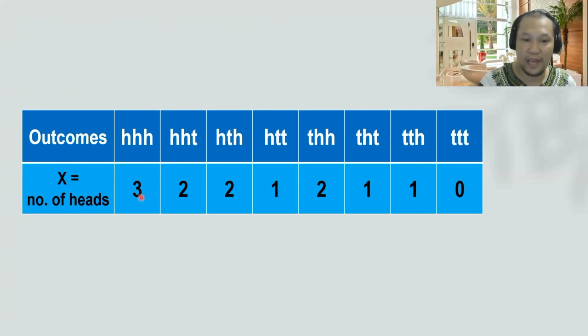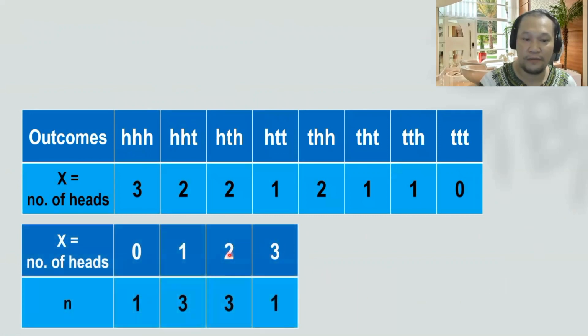And we have 3, 2, 2, 1, 2, 1, 1, and 0. From this number of heads, this will become our random variable. We have 0, 1, 2, and 3. And by knowing the number of heads, we can also determine the frequency of the given random variable.